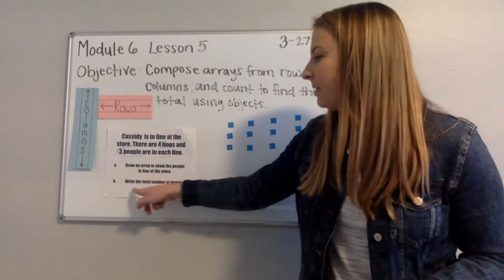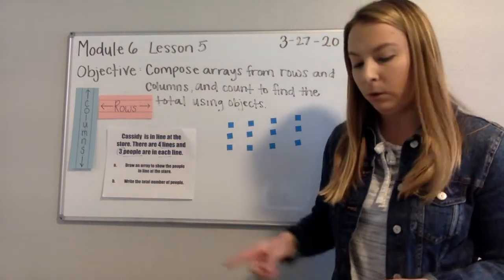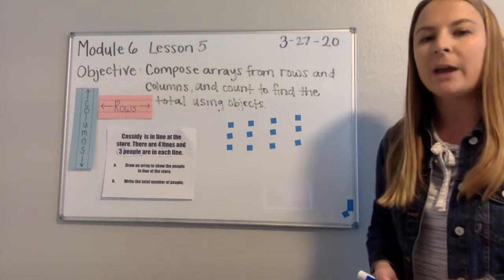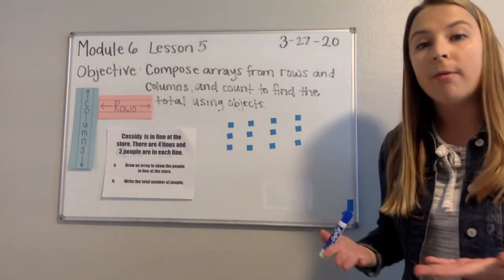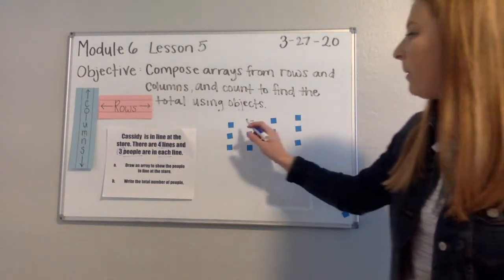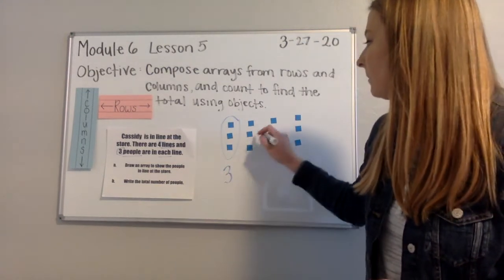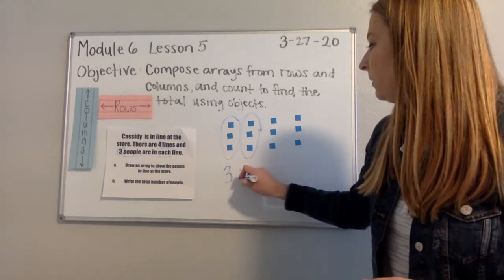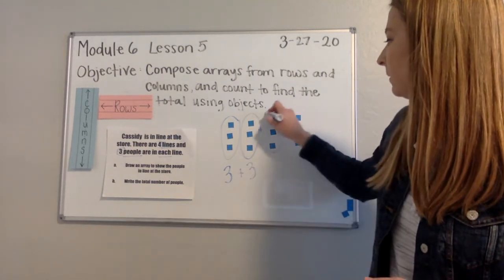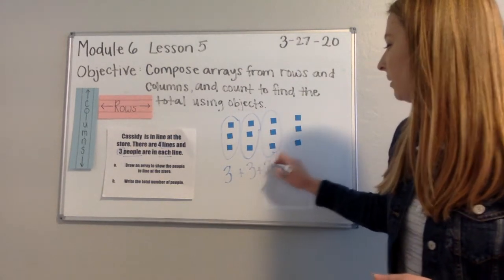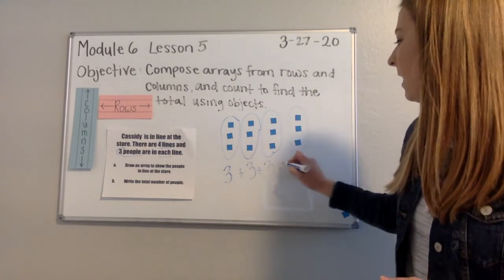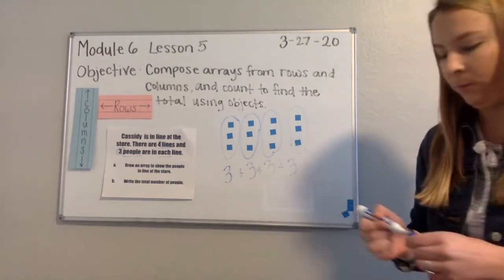Part B says, write the total number of people. For this example, I'm going to look at the lines, or the columns in this case, and count them that way. I've got 3 people in the first line, 3 people in the second line, 3 people in the third line, and 3 people in the fourth line.